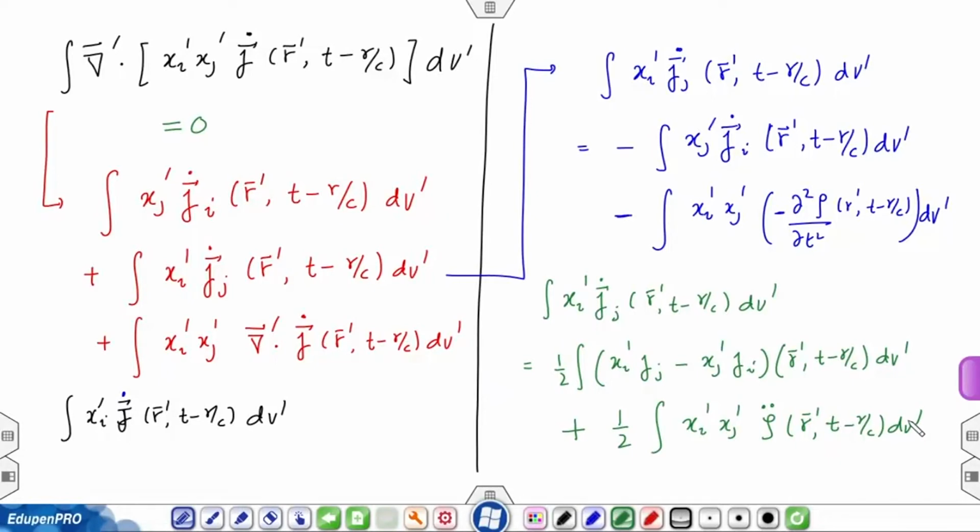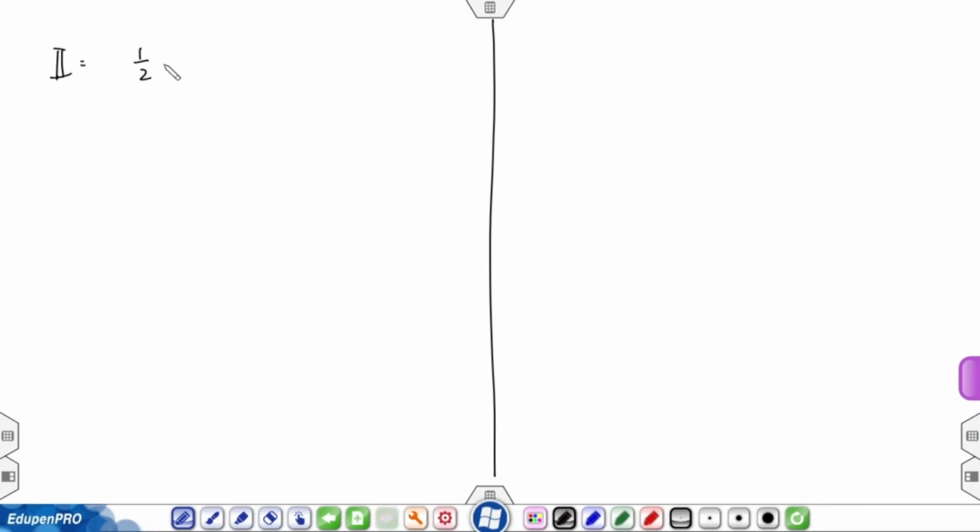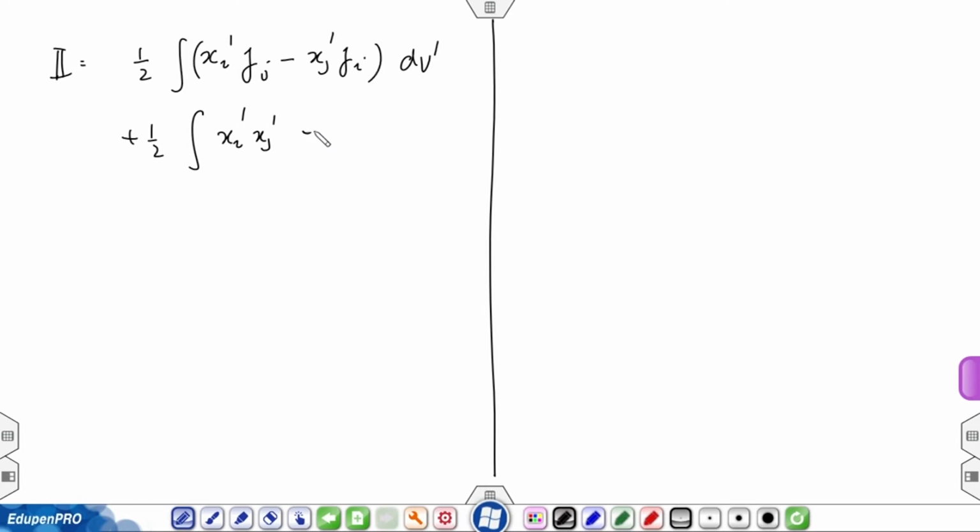So, let us write this. The second term that we have gotten is 1/2 x I prime j j minus x j prime j I, understood where it is evaluated, dv prime plus 1/2 x I prime x j prime rho double dot r prime evaluated at t minus r by c dv prime.